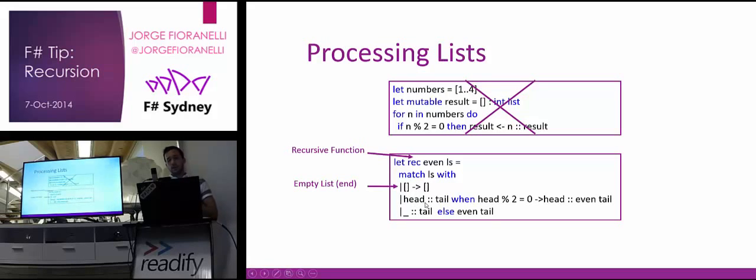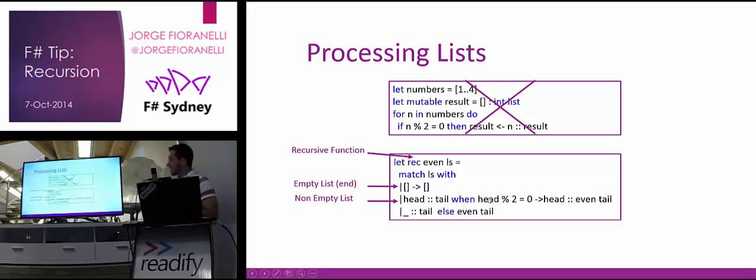If we get something that is a head and a tail, and this follows the same pattern that we saw before, what F# is going to do is put in the head variable the first item of that list, and it will keep in the tail the next list of items that that list has.